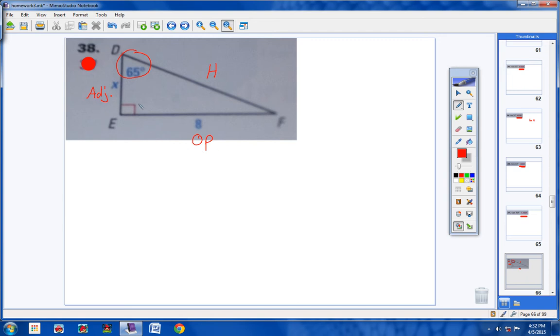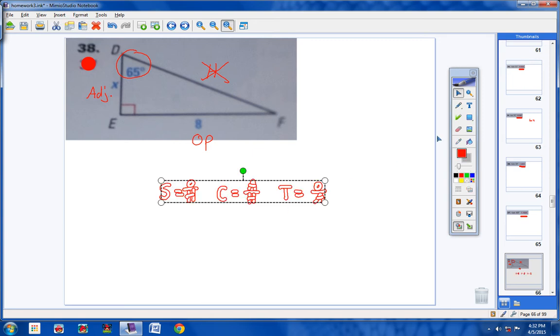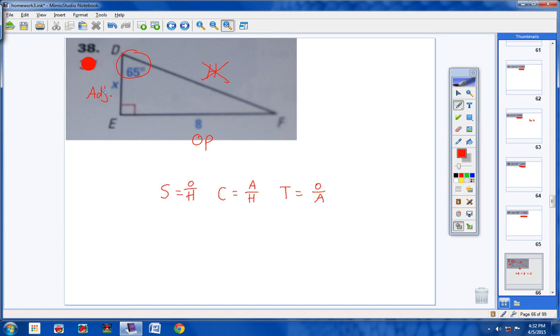Adjacent. So, we really don't need the hypotenuse. We're looking for this side, and we know this side. So, what trig function has adjacent and opposite? Isn't it tangent? Yeah, tangent is opposite over adjacent.